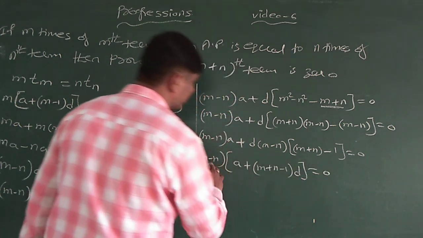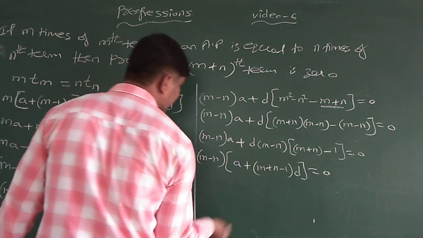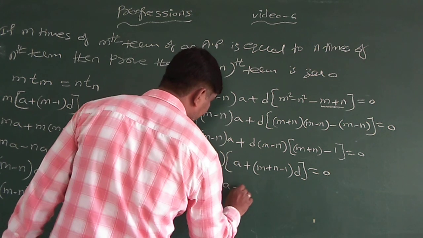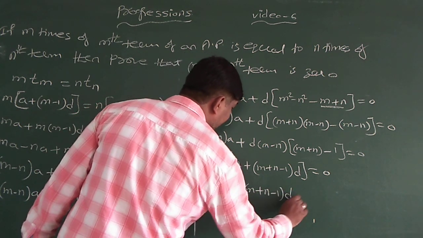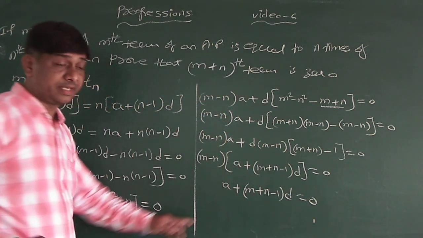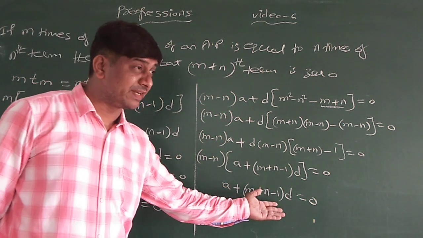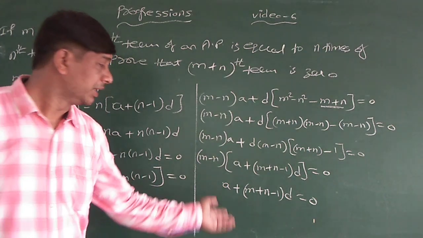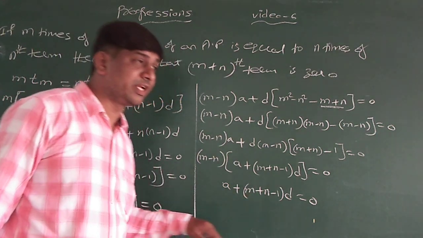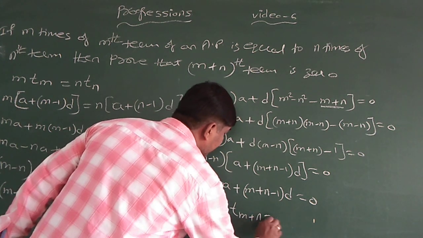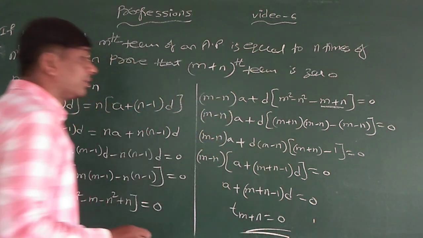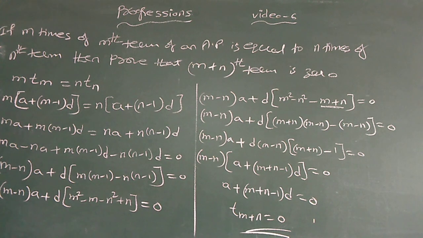This side is 0, and 0 by something is 0. So a plus m plus n minus 1 into d is equal to 0. That means a plus n minus 1 into d is the nth term, and here a plus m plus n minus 1 into d means t of m plus n. t of m plus n is equal to 0.